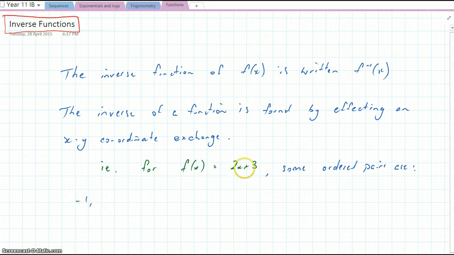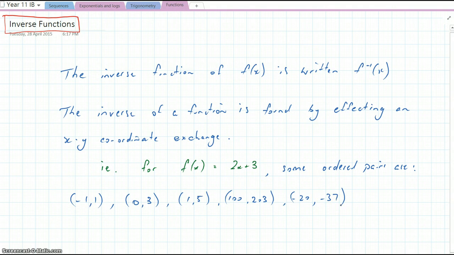You put minus 1 in there, you've got minus 1, 1. That's one of them. Put 0 in there, you've got 3. Put 1 in there and you've got 5. Put in 100 and you've got 203. Put in minus 20 and you've got minus 37. You get the idea. We could do this for a long time. Now what happens to those and all the other ordered pairs is that they're going to switch around.